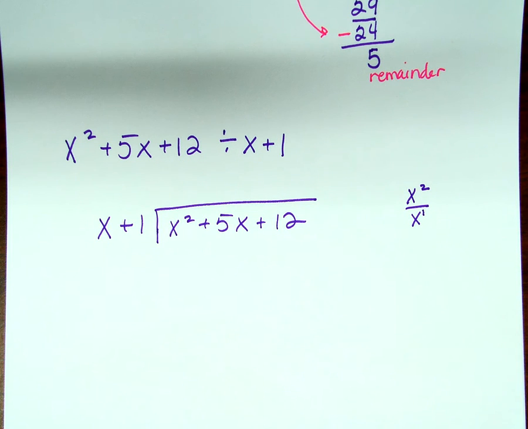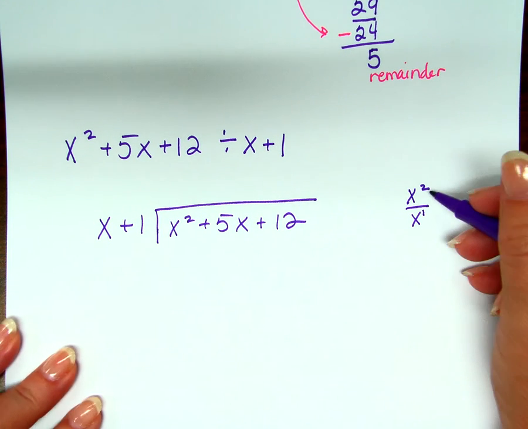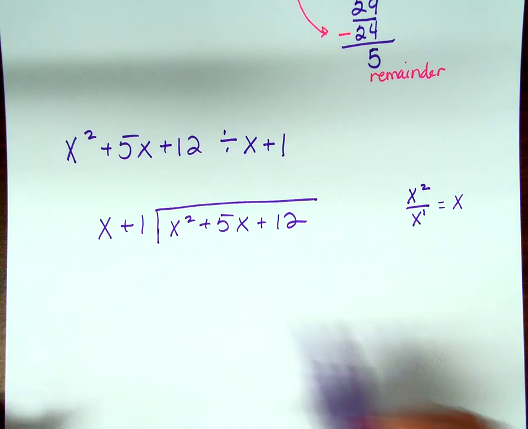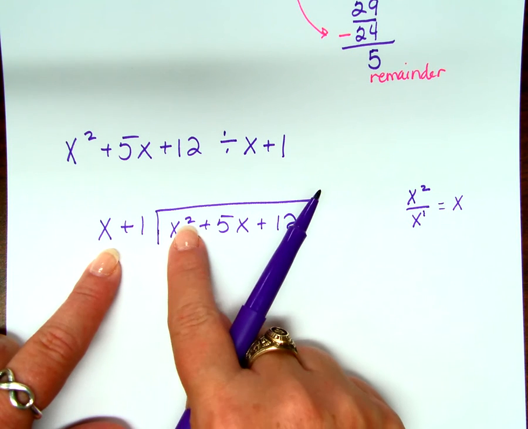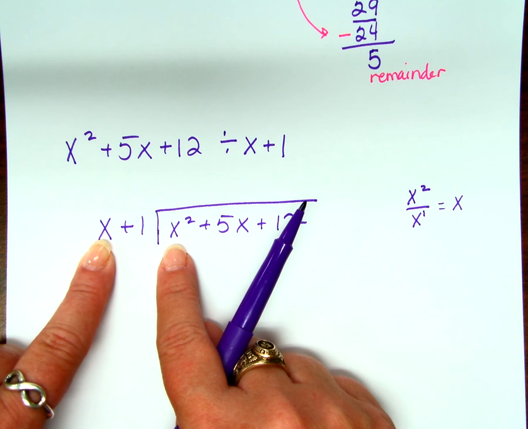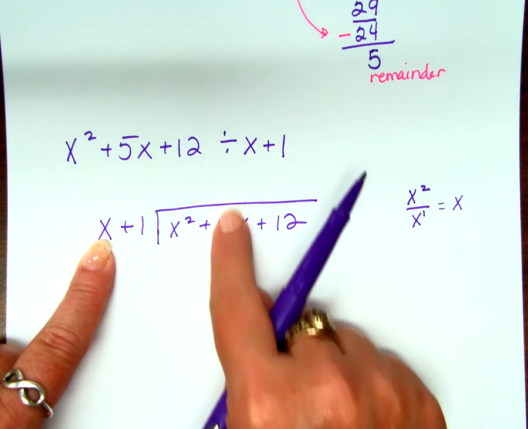That took entirely too long to answer. You're scaring me. It's 1, right? So x squared divided by x is just x, right? So we look here and we say x squared divided by x is x. Where do you think it should go? Above the x, right? Above the like term.